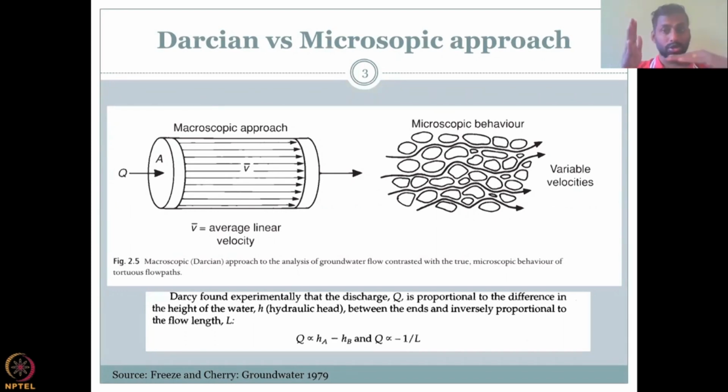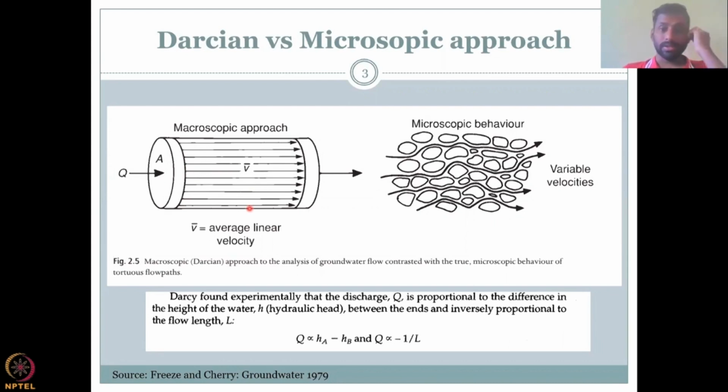Because in a discharge Q, which goes through a cross-section area A, the macroscopic view does not capture what is happening inside. How water moves inside is not captured and not needed, to be honest, because in a macroscopic view, it is averaged. So you have an average linear velocity. The velocity is assumed the same on the top, middle, and bottom portions of the soil.